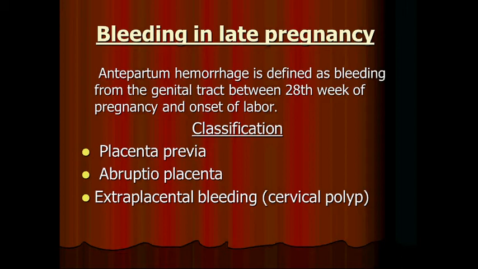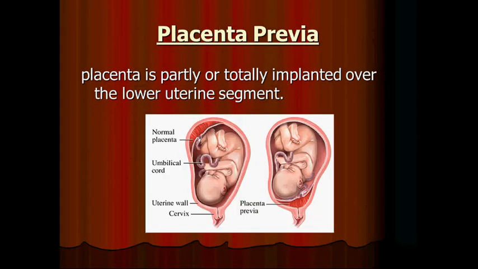Bleeding in late pregnancy. Antepartum hemorrhage is defined as bleeding from the genital tract between the 28th week of pregnancy and onset of labor. Classification: placenta previa, abruptio placenta, extraplacental bleeding, cervical polyp. Placenta previa: the placenta is partly or totally implanted over the lower uterine segment.